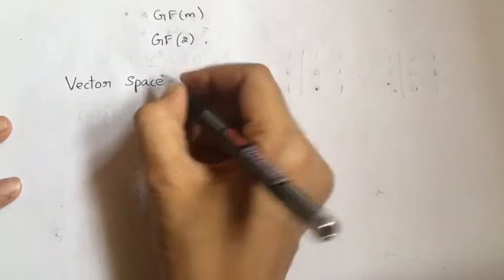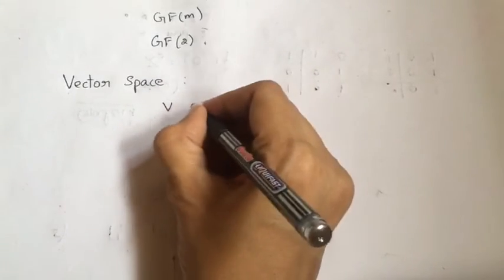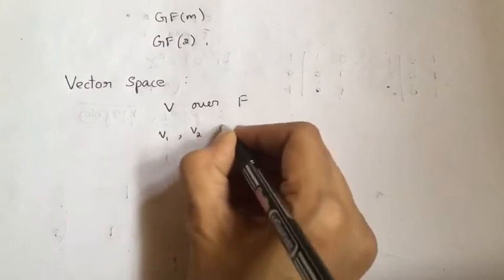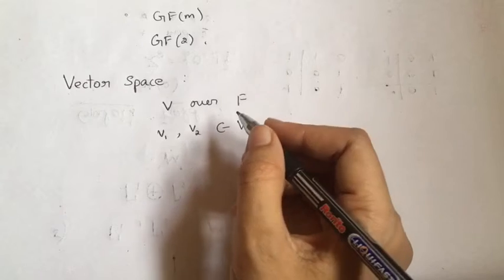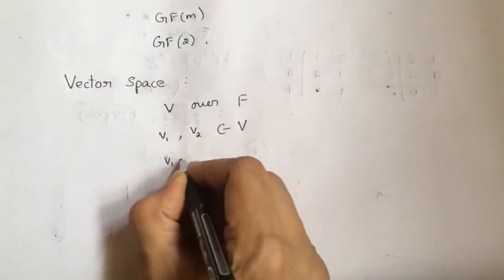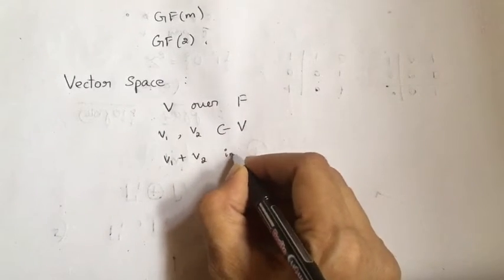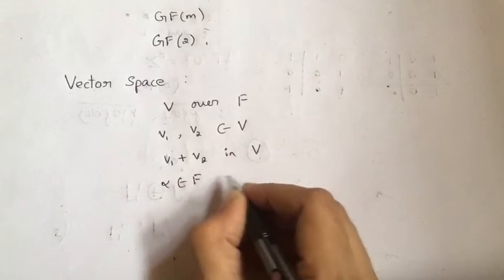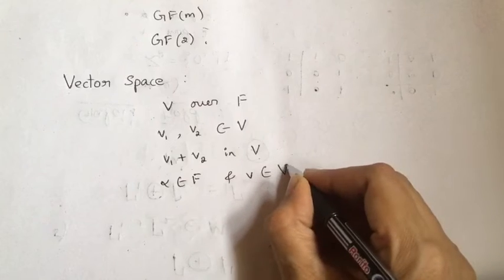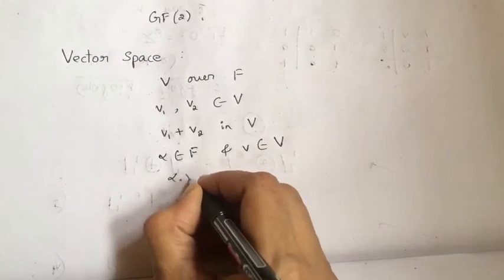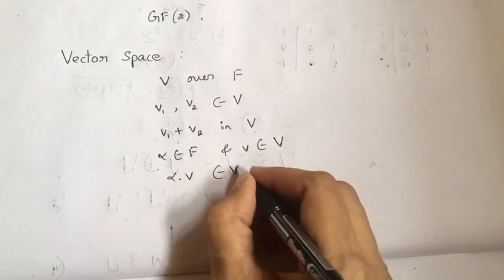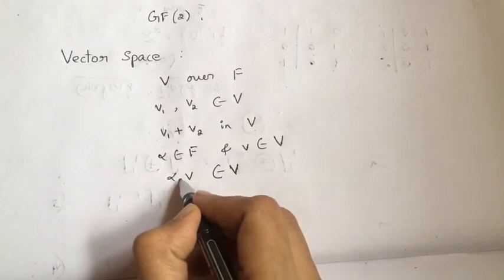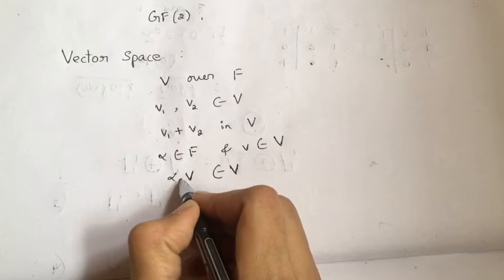Any non-empty set V over a field F is said to be a vector space if for any two vectors v1, v2 belonging to V, there is a defined unique sum, that is v1 plus v2 in V, and for any alpha belonging to F and vector v belonging to V, alpha into v belongs to V. So addition is defined and multiplication is defined like this.